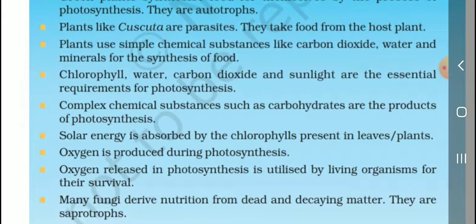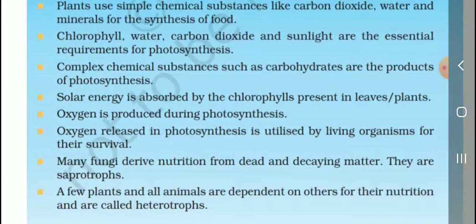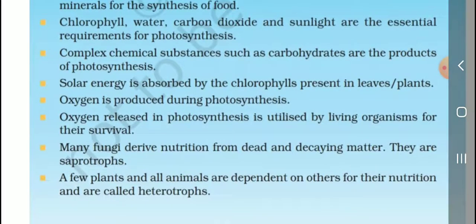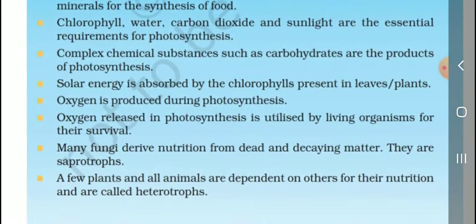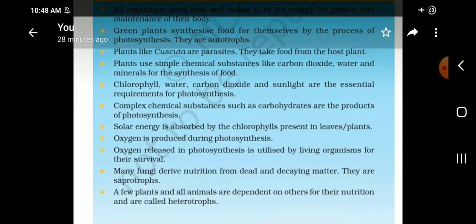Oxygen is produced during photosynthesis and is utilized by living organisms for their survival. Next is saprotrophs. What is saprotrophs? Many fungi derive nutrients from dead and decaying matter. They are saprotrophs. A few plants and all animals depend on others for their nutrients and are called heterotrophs.